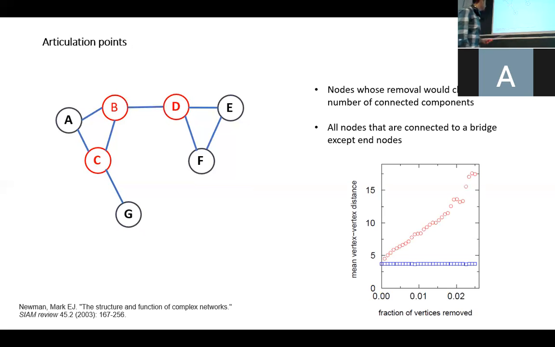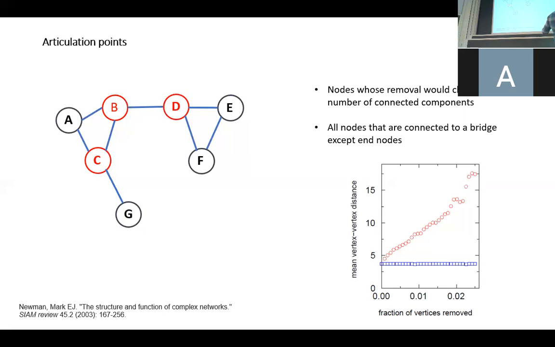And you see here, this is a review paper, but it's represented very well. This is the average distance between nodes in a very large network, and this is the fraction of edges that are removed.